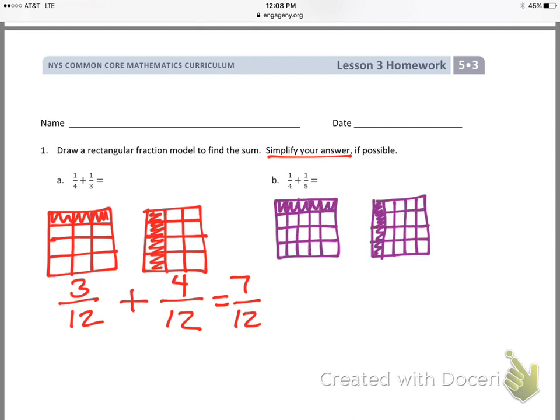Now I can write the new fractions that are equivalent to the original fractions underneath. 1/4 is equivalent to 5/20, and 1/5 is equivalent to 4/20. And when I add them together, I get 9/20. Again, that's the simplest form that I can have that fraction in.